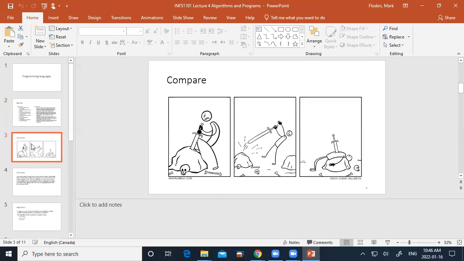Now, we've got 2 slides that work together here, slides 3 and 4, and they are there for us to consider this idea of ambiguity. Here, it's supposed to be like the legend of Arthur.